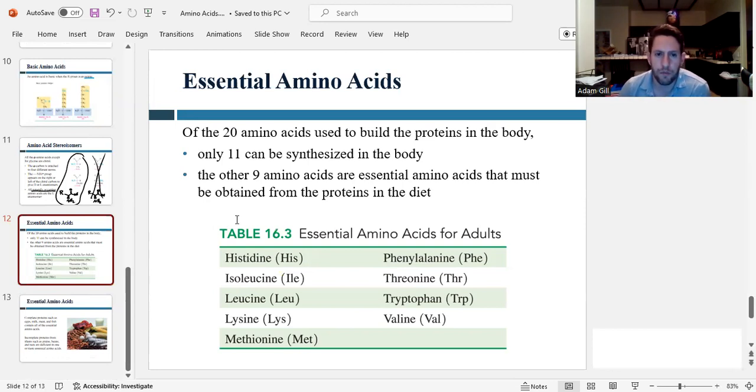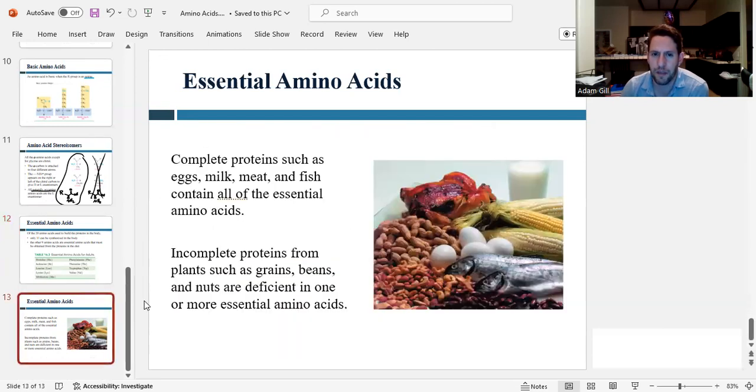Now, proteins can be described as complete proteins or incomplete proteins. A complete protein, like eggs, milk, meat, fish, those contain all 20 amino acids. An incomplete protein source only contains some of the 20 amino acids, but not all of them. And a lot of plants are incomplete proteins. Now, some plants have certain amino acids, other plants have others.